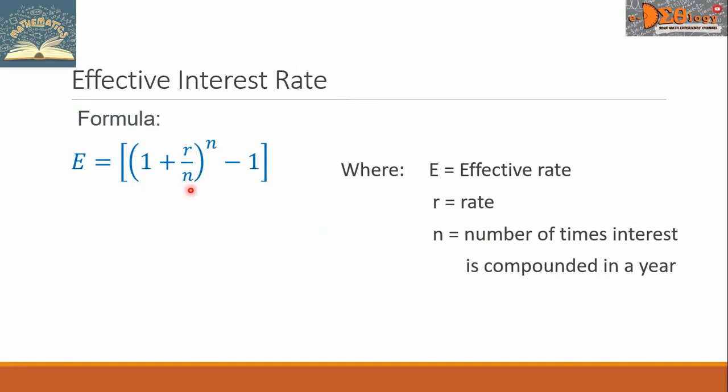Take note, the n is found as the denominator of the fraction, also the exponent of the expression here.